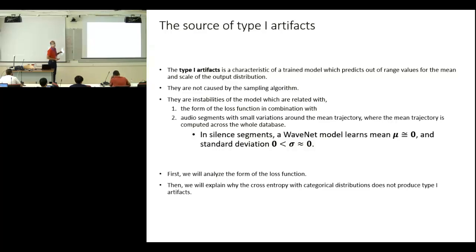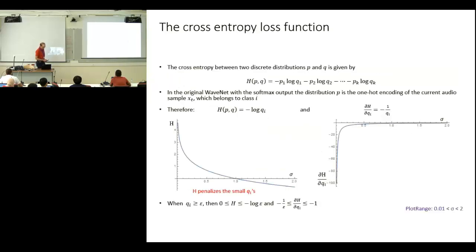It's a characteristic of the trained model. They are instabilities related to the form of the loss functions in combination with speech audio segments that have very small variations, for example silence segments. And we will see what happens.